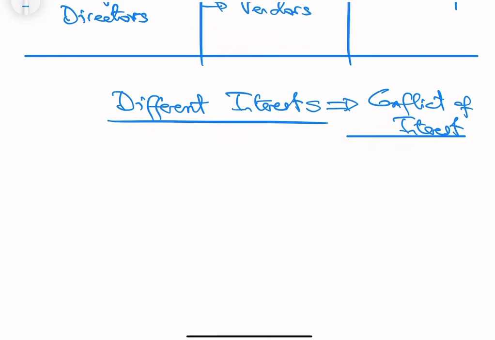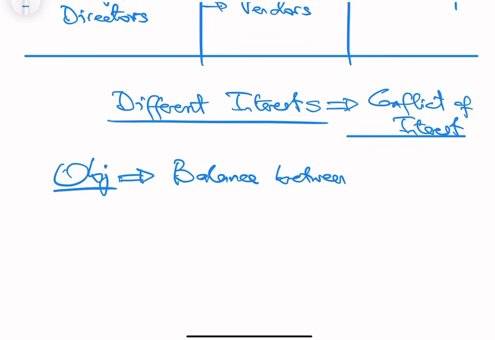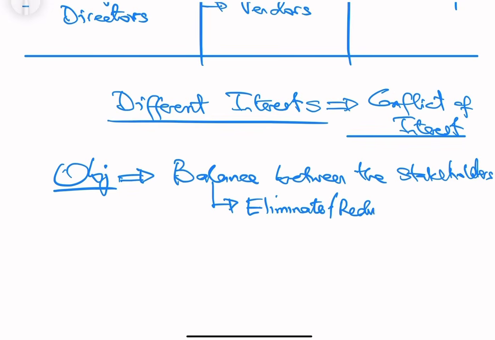And in that case, our role as a finance manager is to ensure that the company is able to strike the balance between the stakeholders. And what does it mean to strike the balance? Striking the balance means that you're trying to eliminate or you're trying to reduce the conflict.